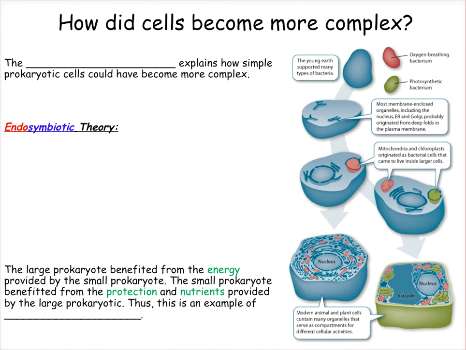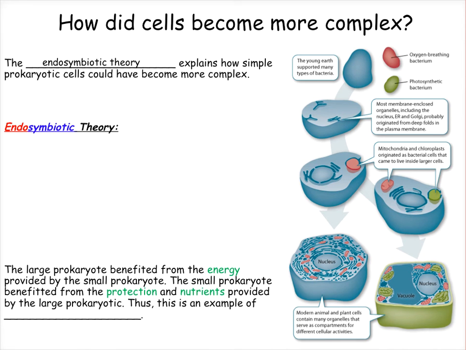So, how did simple prokaryotic cells with no organelles evolve into eukaryotic cells with many complex organelles? Scientists use the endosymbiotic theory to explain how simple prokaryotic cells could have become more complex.